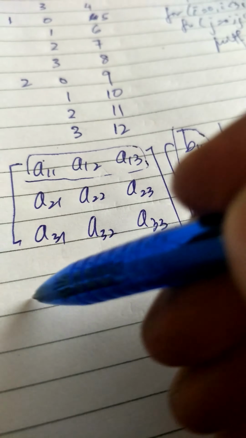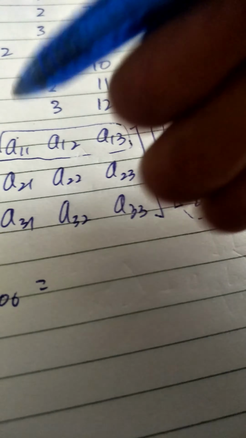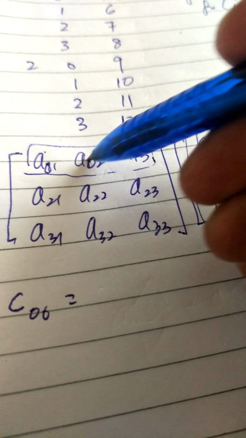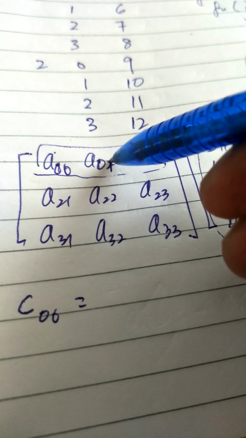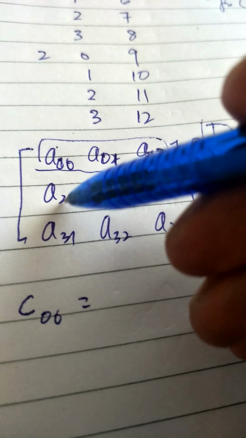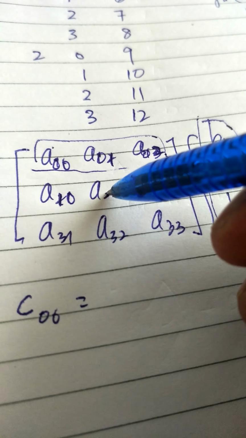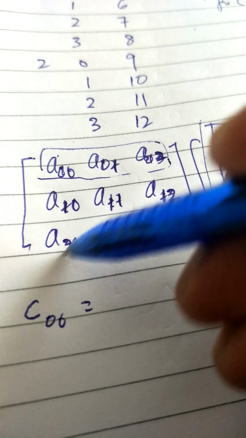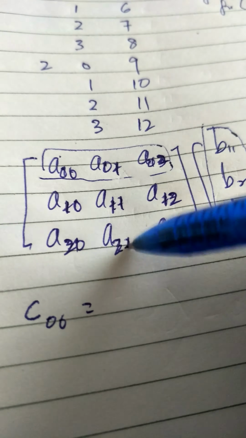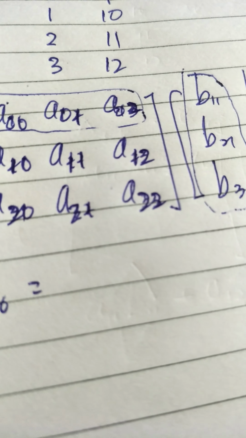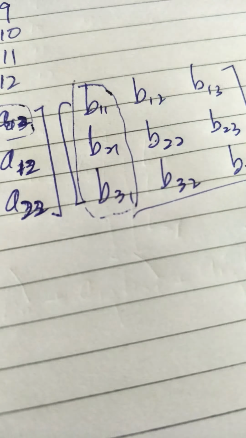So for C11 or C00, we have A11, sorry, this should begin with 0, because our array begins with 0. So 0,0, 0,1, 0,2, and so on. Change everything here. This should be 1,0, 1,1, 1,2. This should be 2,0, 2,1, 2,2. And as well as with that. Okay, you can do that part as well.